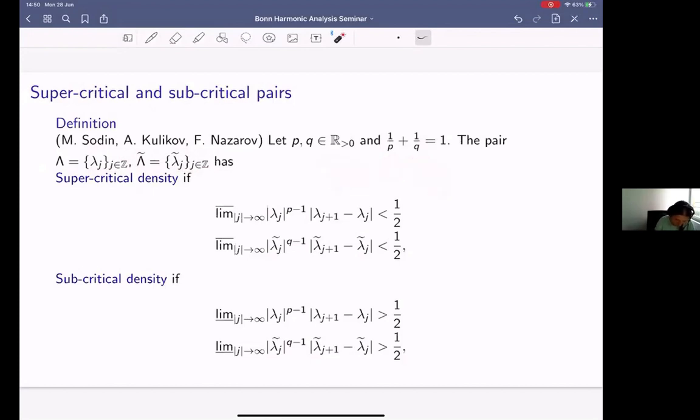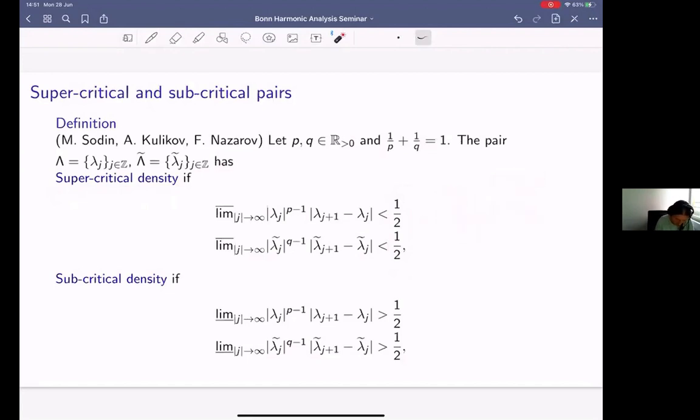Then we would say that this pair has supercritical density if such a limit supremum is smaller than 1/2. And so in a sense, it means that the points are denser than in our critical sequence, or one of the critical sequences, lambda_n is square root of n.